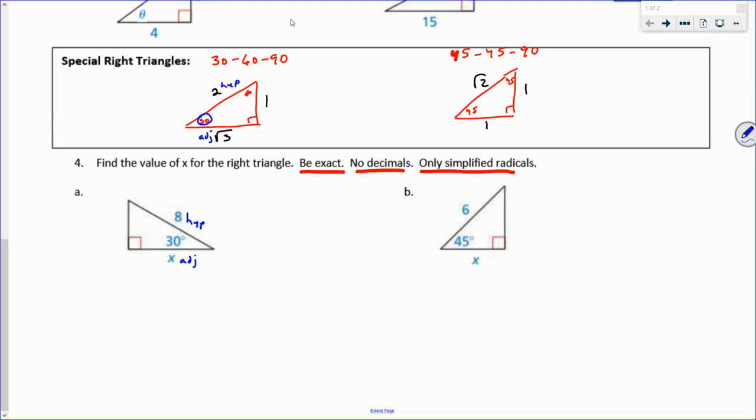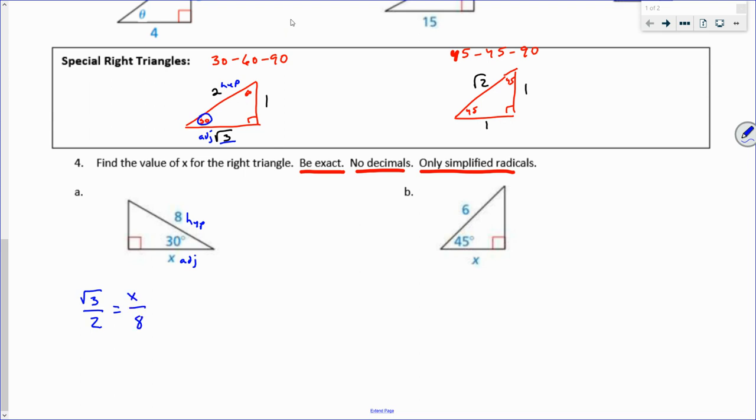So we know the cosine of 30 is equal to the square root of 3 over 2, and from our base triangle, square root of 3 over 2 is equal to adjacent over hypotenuse, x over 8.